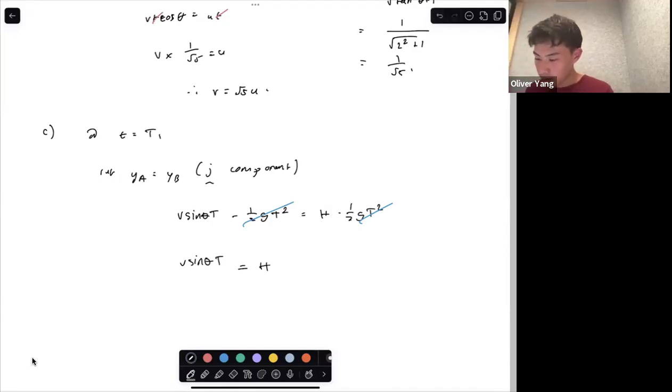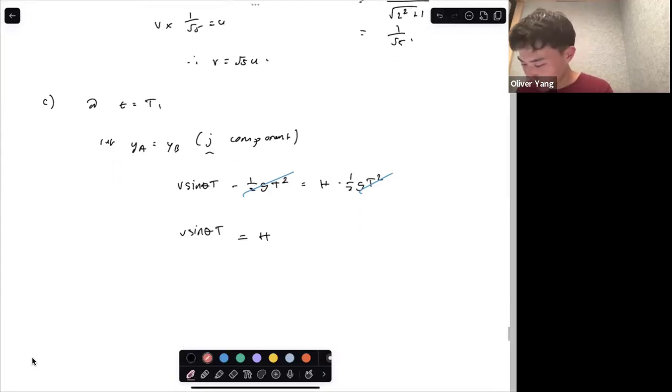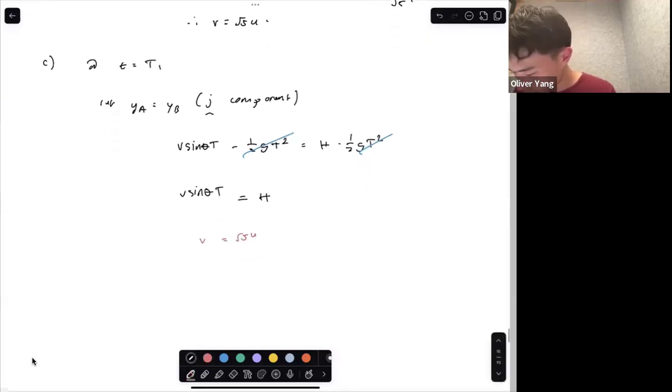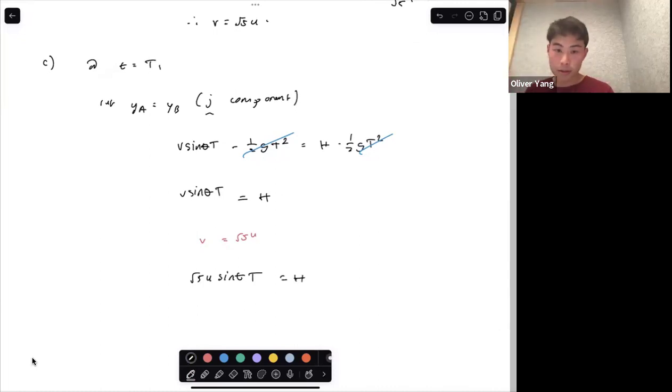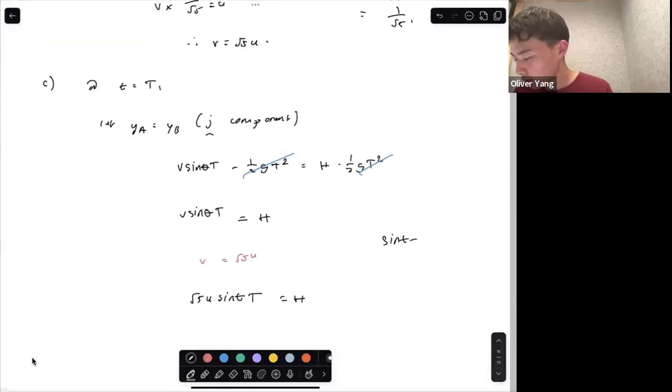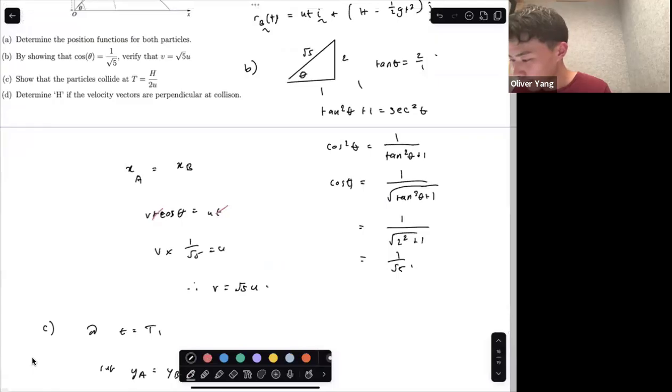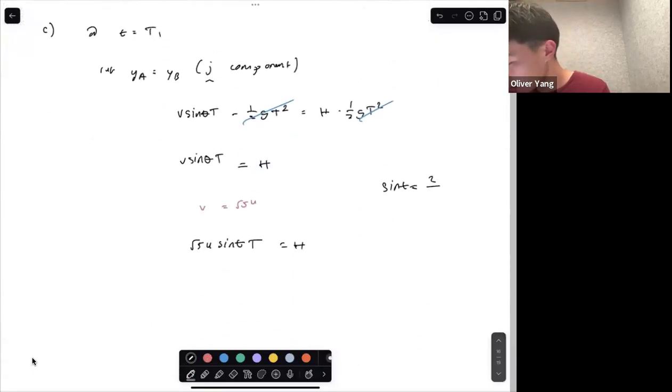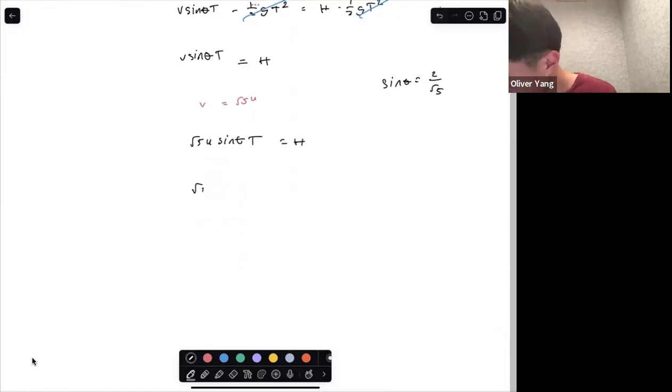Okay, so we know that v equals root 5 u, so let's sub that in. So we get root 5 u sine theta t is h. And we also know from this triangle again that sine theta would be 2 over root 5.